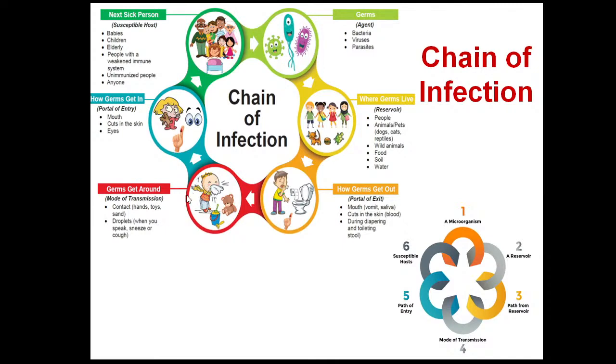Then it may be spread as airborne disease through air droplets, right? When we speak, sneeze, or cough. So this is the path of entry, the way of transmission. Then how germs may enter the body. That's not so many. Through mouth, through cuts or skin abrasion, through eyes, through ears, through genital organs, for example, or mucosa, or it can be inoculated deep into the tissues.